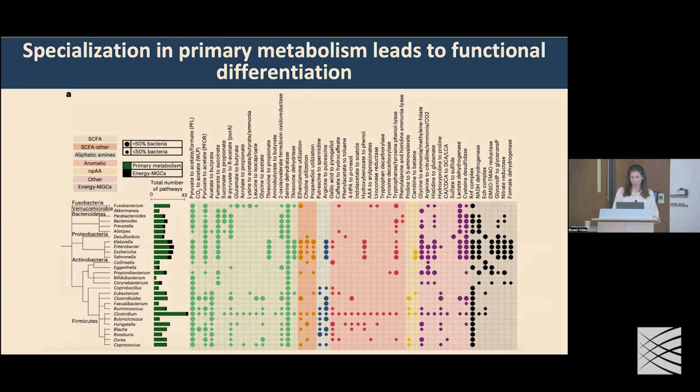For example, what we can see here is that Clostridium, that is here, sorry. So Clostridium is the genus that displays the most metabolically diverse genome. It encodes 43 different pathways.